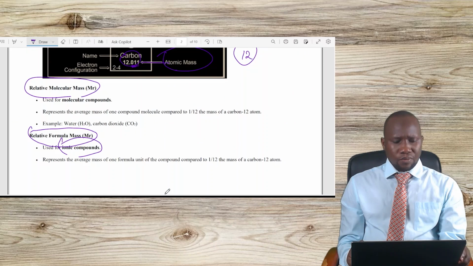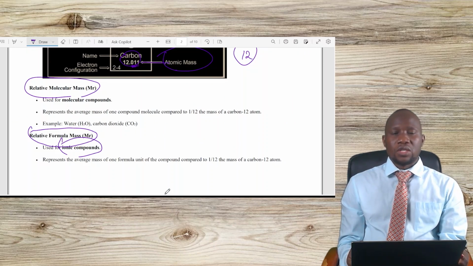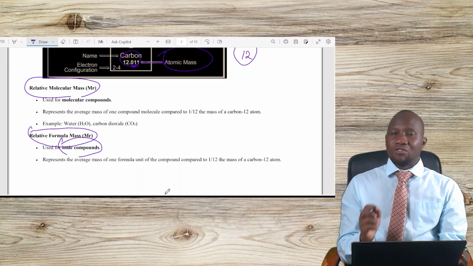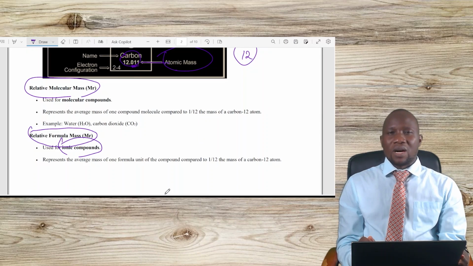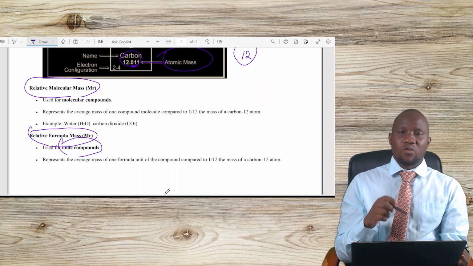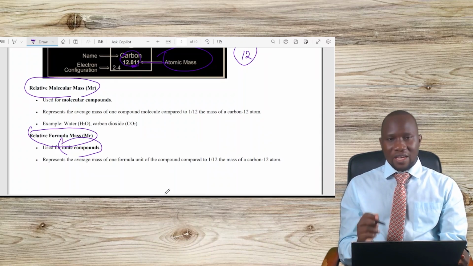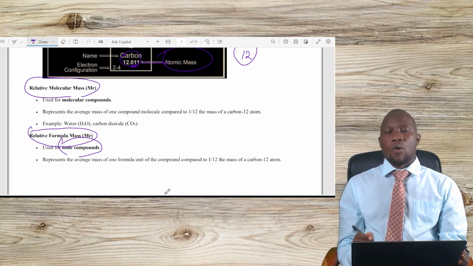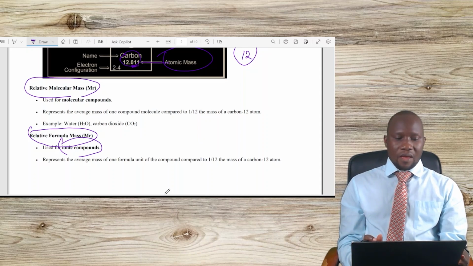So let's go to this. It is a definition in which the masses still refer to one twelfth of carbon-12. It is the mass of one compound compared to one twelfth of carbon-12. It remains the same, whether it is relative molecular mass or relative formula mass.